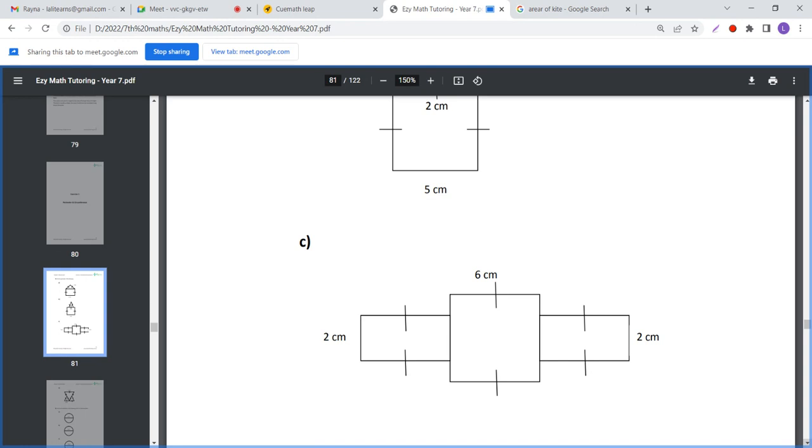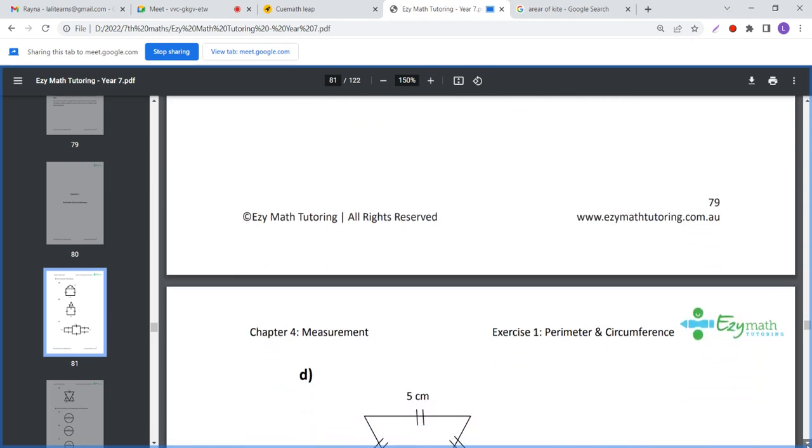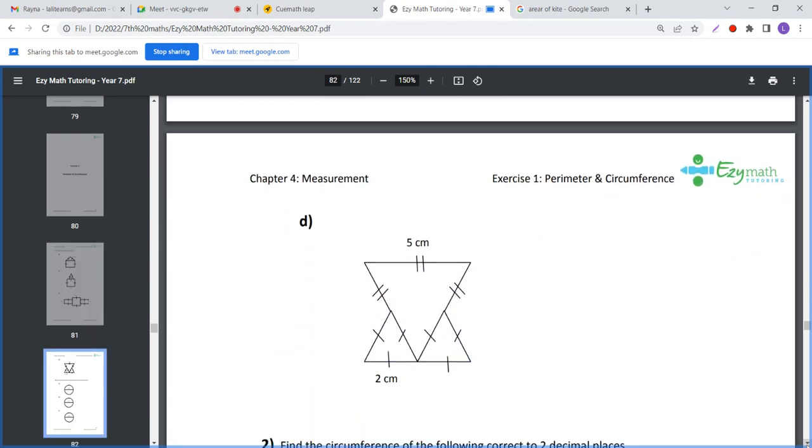It's 1, 2, 3, 4, 5, 6 and 4. The ones that are marked are equivalent. There are two different types of lines. Focus on those.